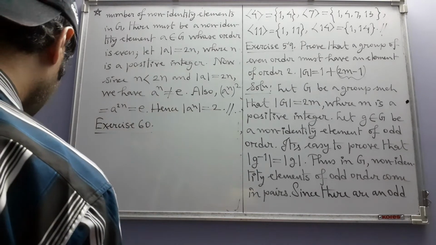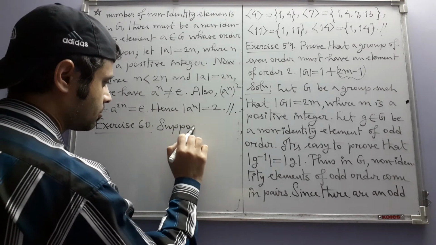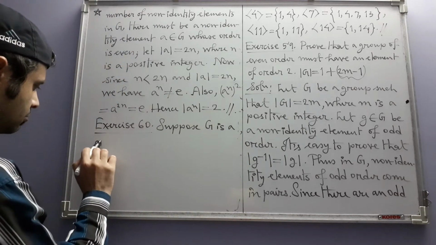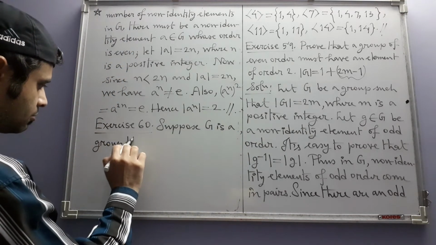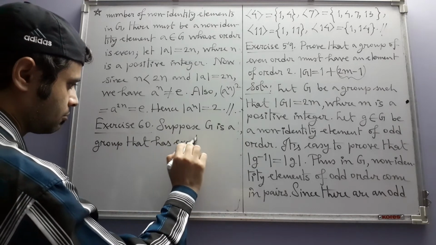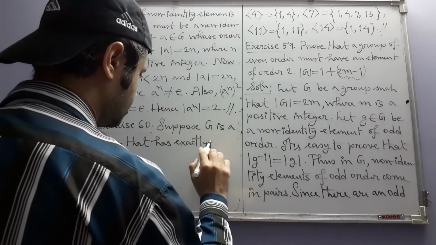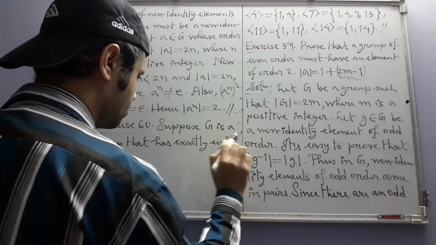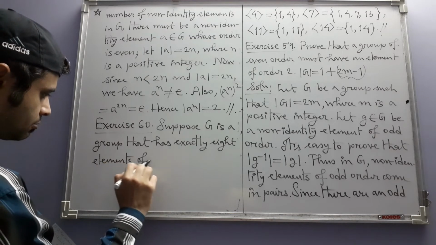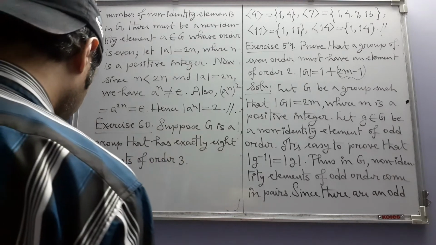Exercise 60. Suppose G is a group that has exactly 8 elements of order 3.